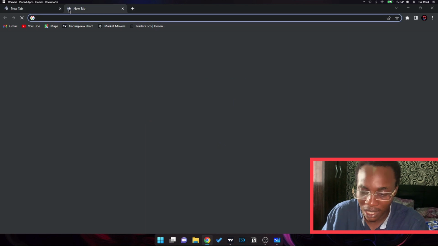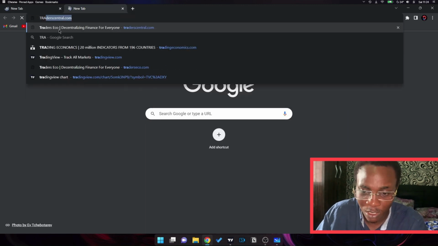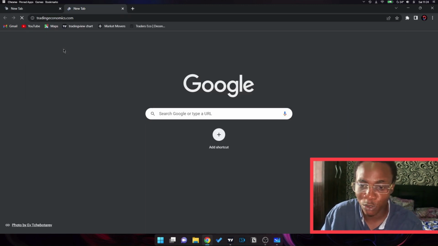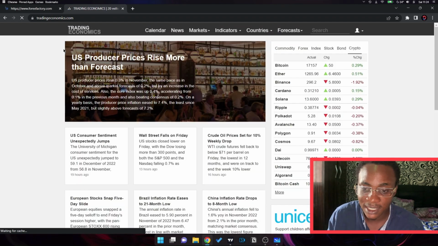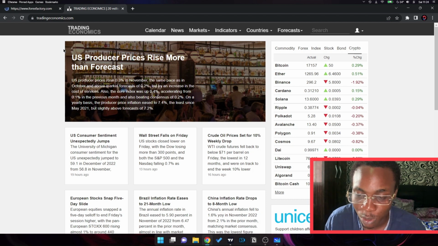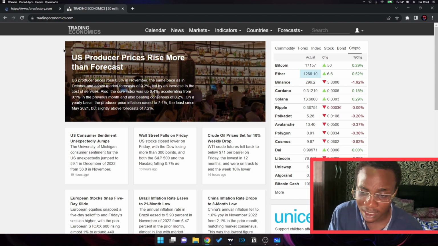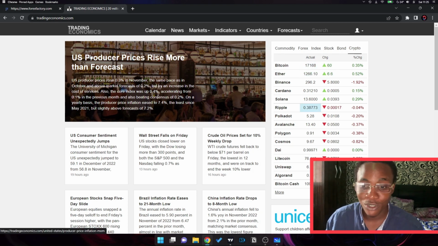Then I'll also introduce you to Trading Economics. For those of you who don't know anything about Trading Economics or how you can use it, this is what I basically use to carry out my fundamental analysis for a given currency or a given country.